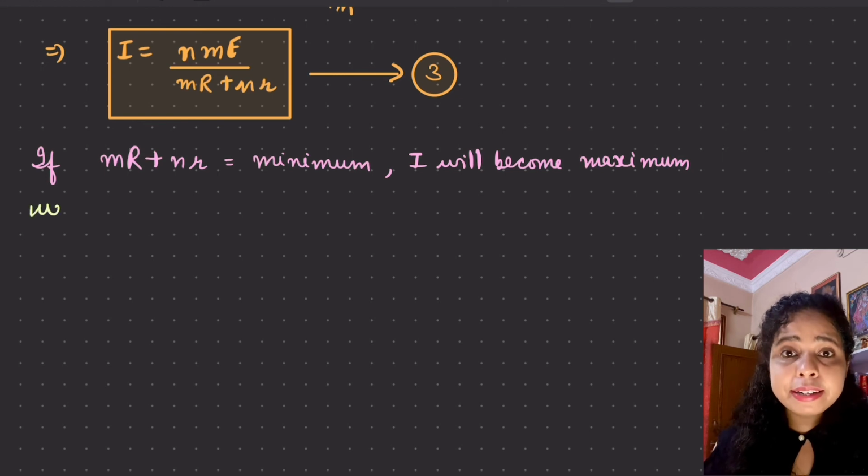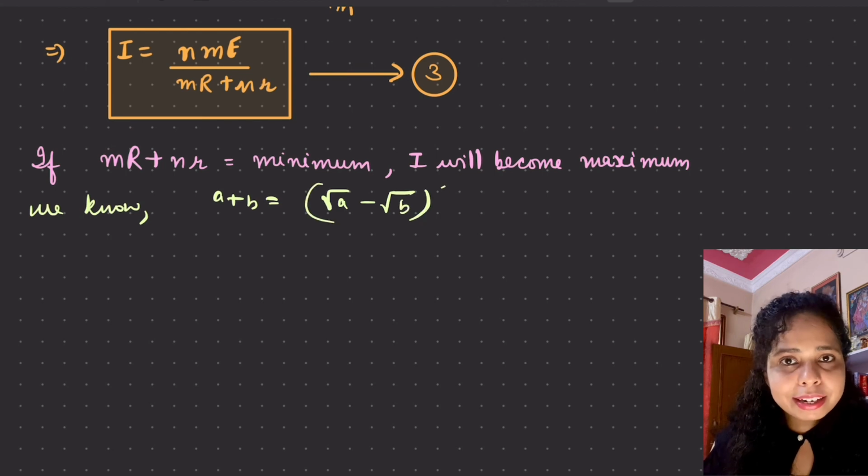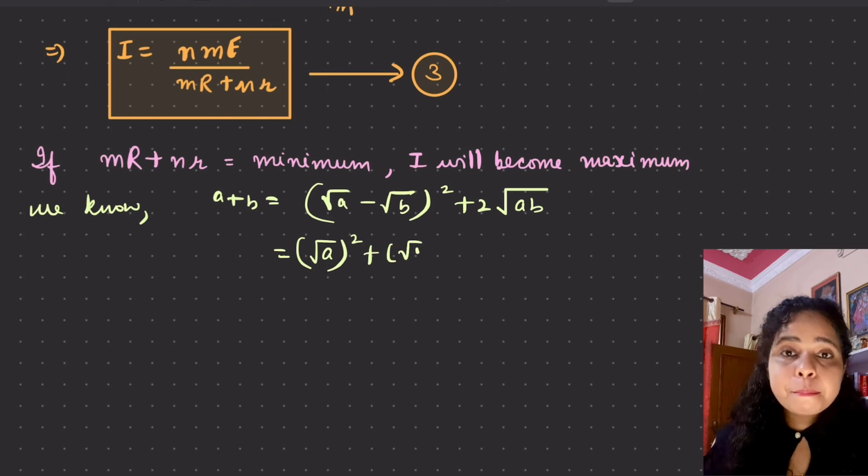We know we can write a plus b is equal to under root of a minus under root of b whole square plus 2 under root ab. If you do not know why we can write this equation, let us open up the right hand side. We have under root a minus under root b whole square, which could be written as under root a square plus under root b square minus 2 under root ab.